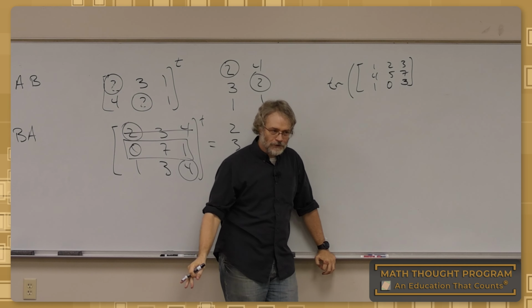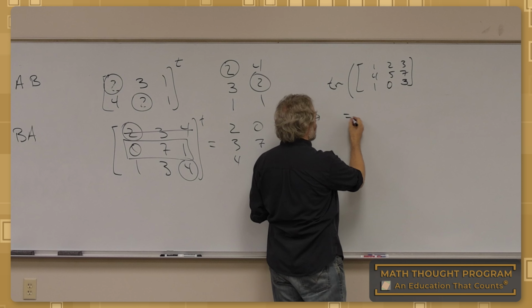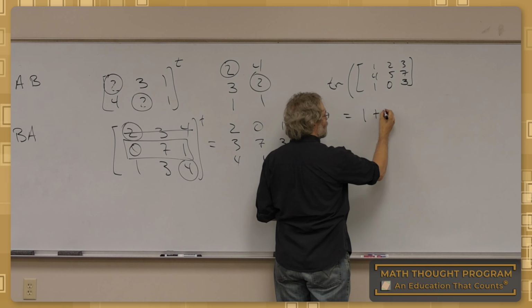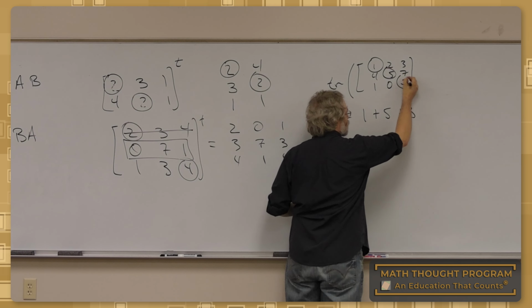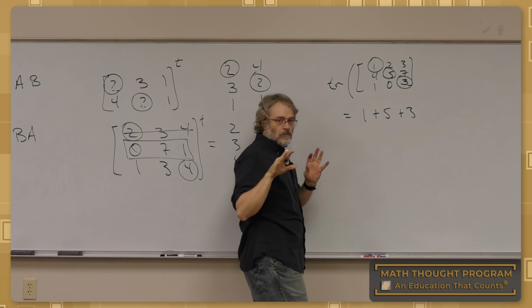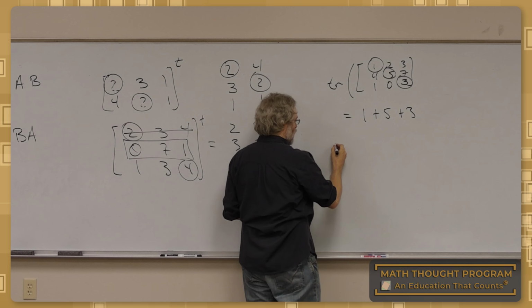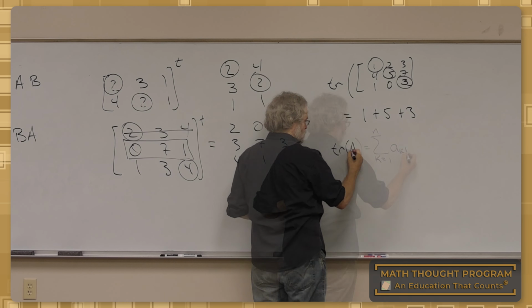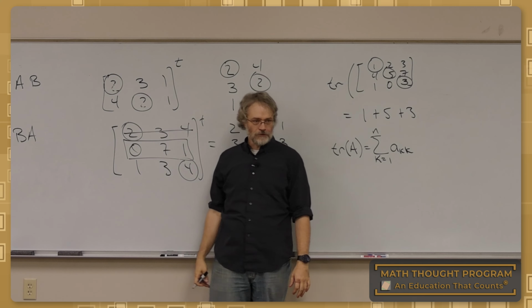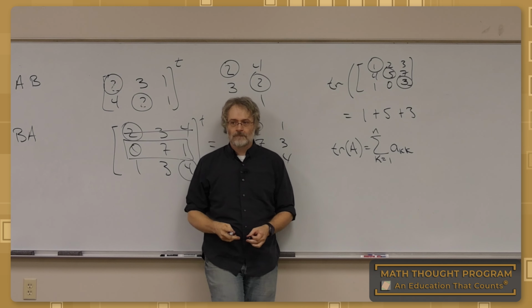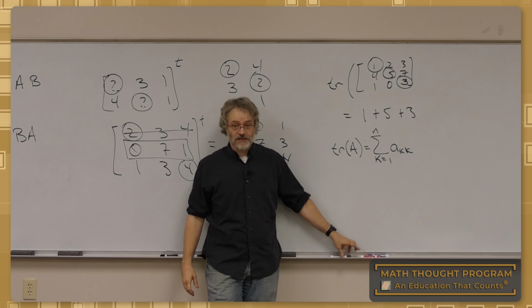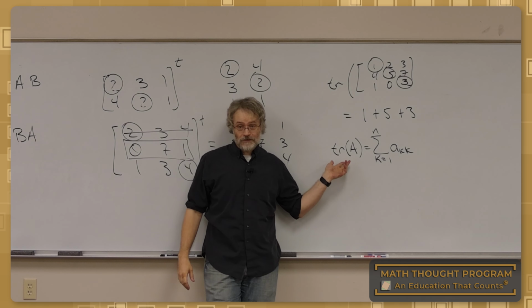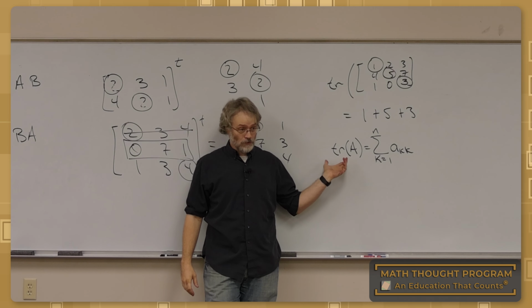The trace operator is defined to be the sum of the diagonal entries. In more general terms, if you take the trace of a matrix, you sum the diagonal entries. Now, there's consequences of doing so, and we're going to see why this is so important.